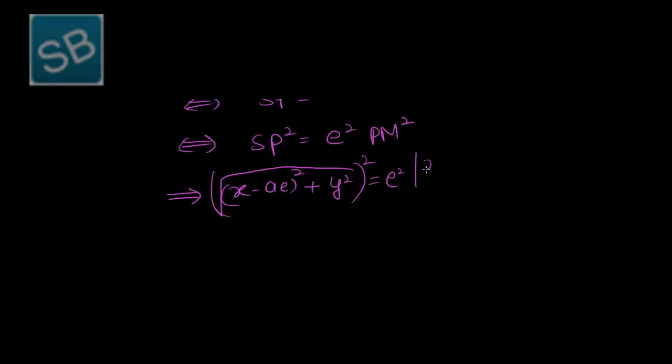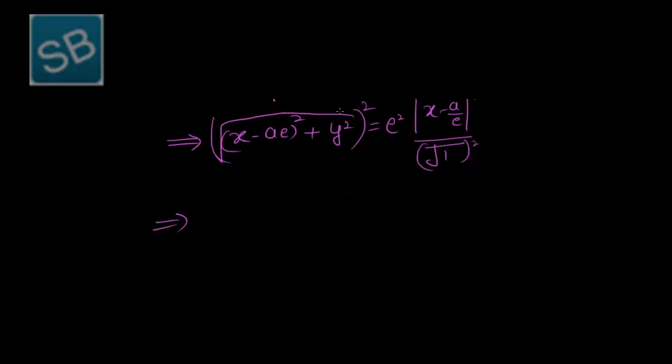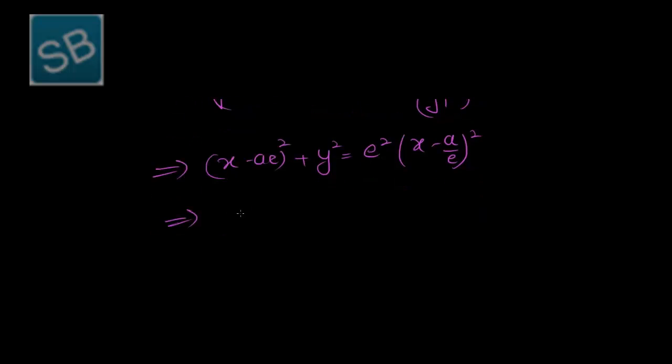So PM square is (x minus a over e) whole square over 1 square, which is 1. So we get (x minus ae) whole square plus y square is equal to e square times (x minus a over e) whole square. In the bracket e is common out and we get (ex minus a) whole square over e square.